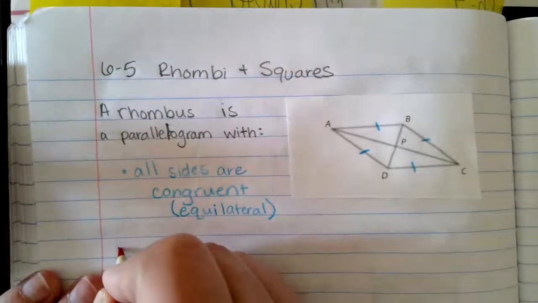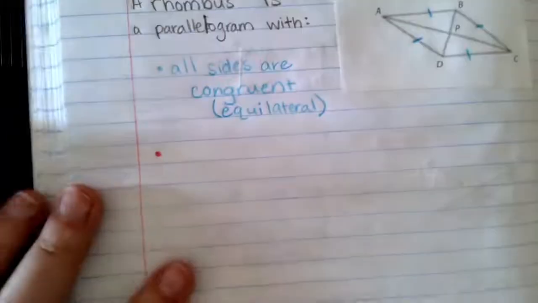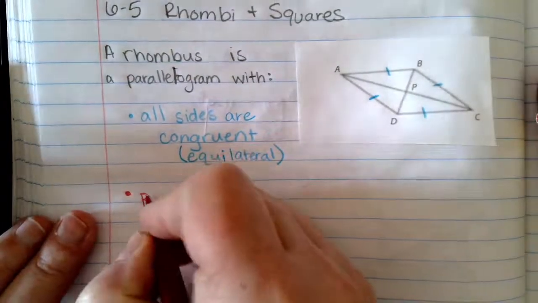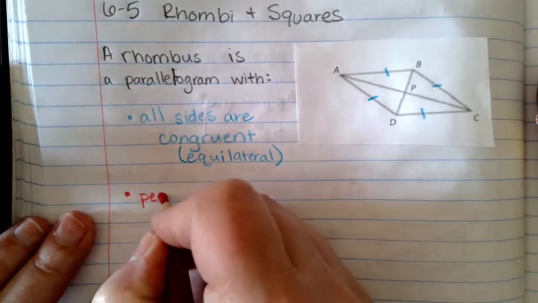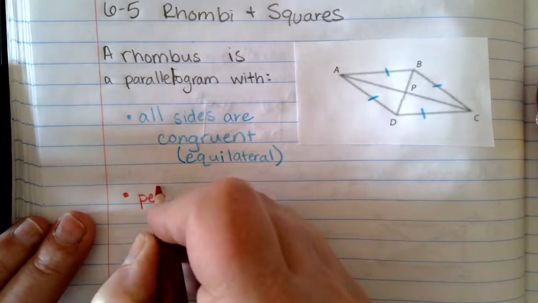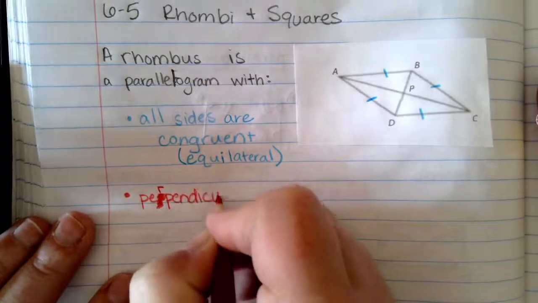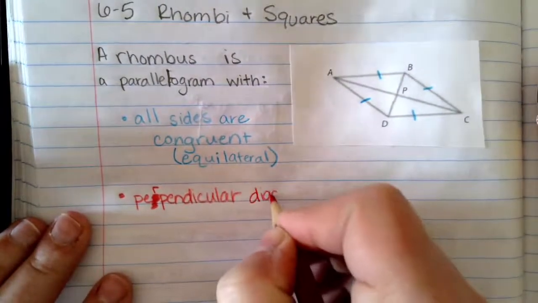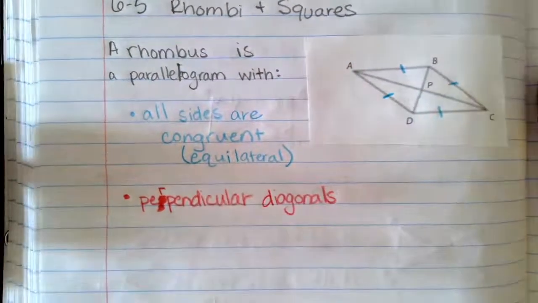Okay, a rhombus also has perpendicular diagonals. Let's break that apart. Perpendicular. That would help if I spelled it right. So that's going to ask you to remember two kind of important words. What does perpendicular mean?